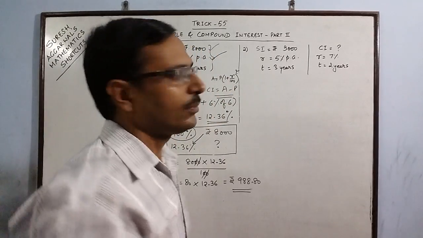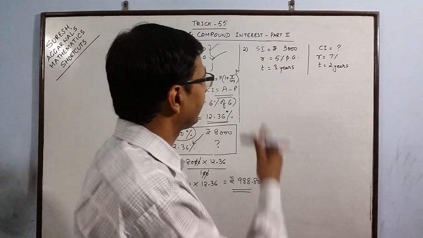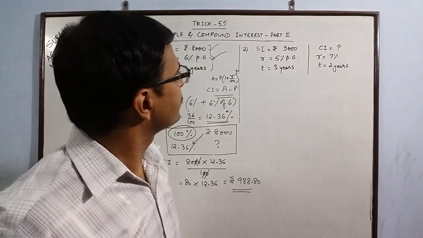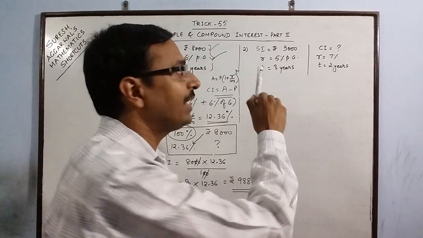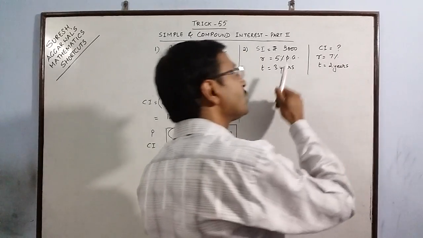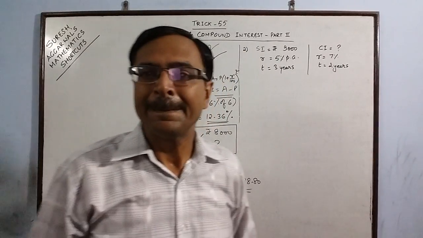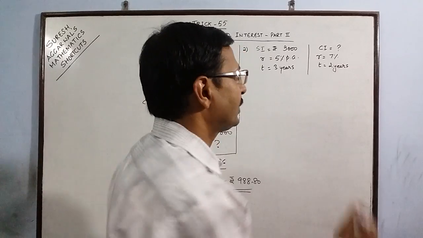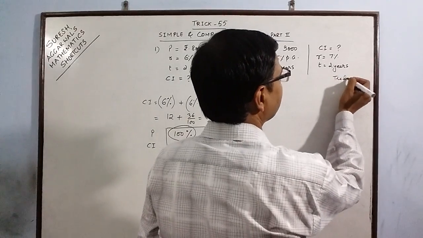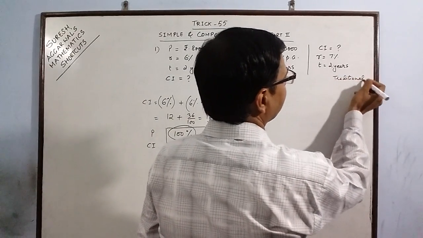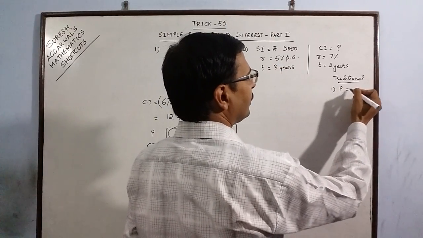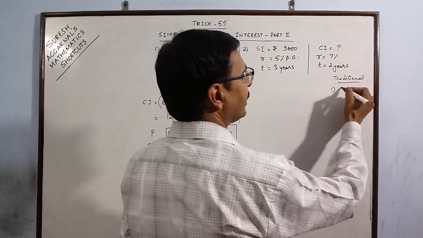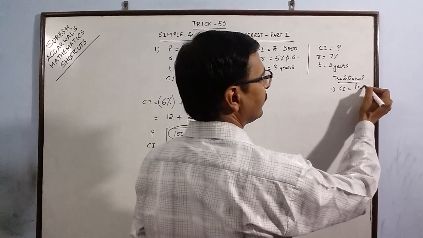Let us do one more problem now. Again, we are given simple interest as rupees 3,000. We don't know the principal amount, and we have to calculate the compound interest on the same principal. Now if you apply the traditional method, what will you do? The first step will be to find the principal amount by using the simple interest formula, PRT by 100.